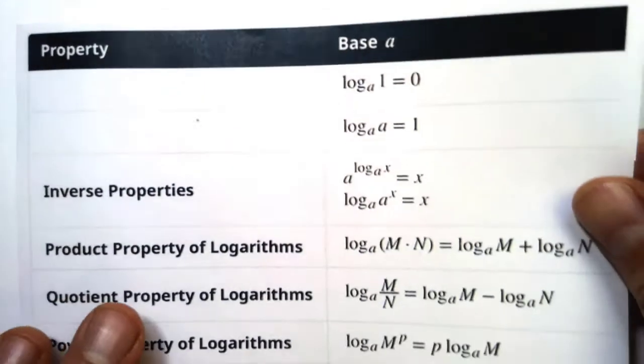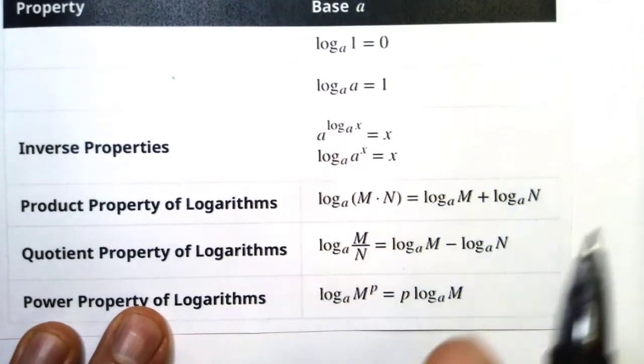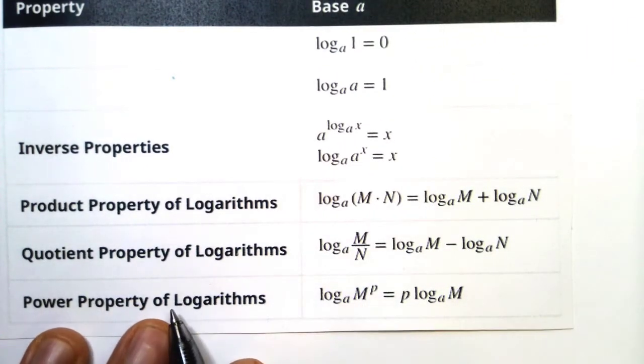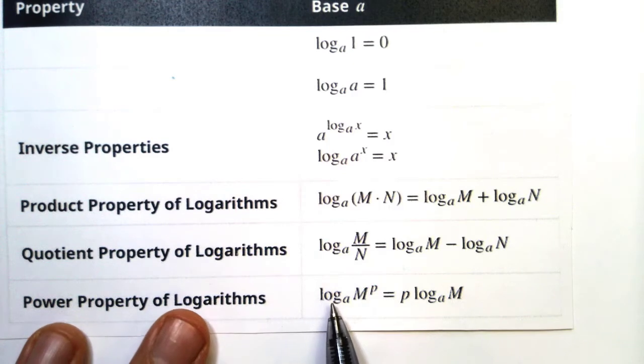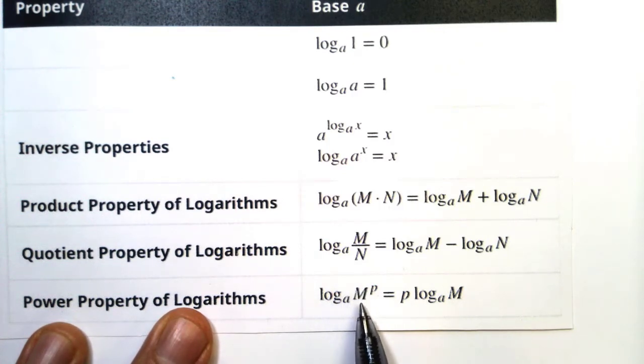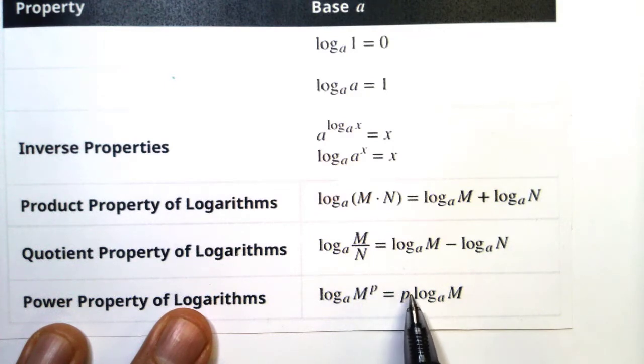How does that work? Well, there was another property of logarithms which we didn't look at in this video, and it was this one, the power property. Notice the power property, the base of the logarithm does not need to match the base of the exponential function. What will happen when you apply the logarithm is that the exponent on that exponential function will come out front of the logarithm.